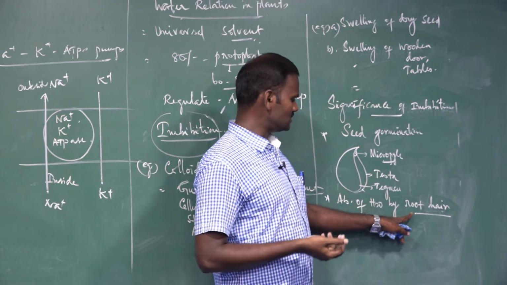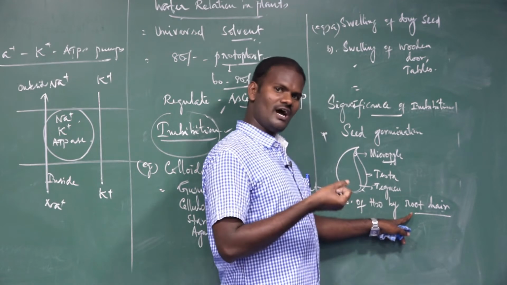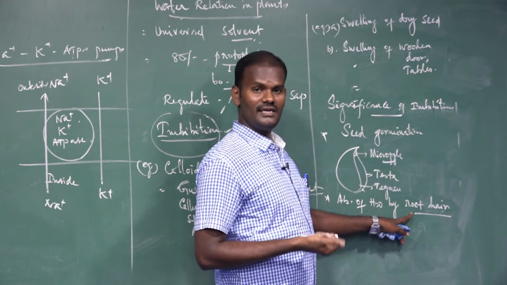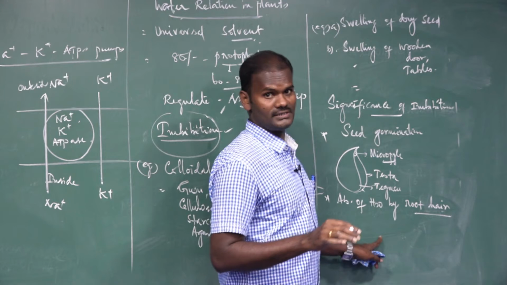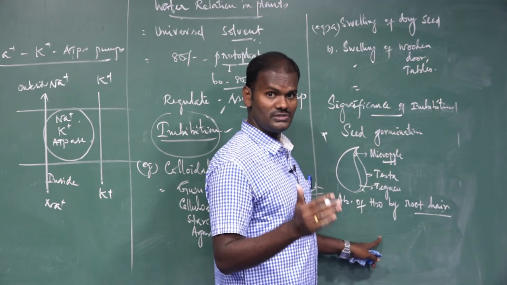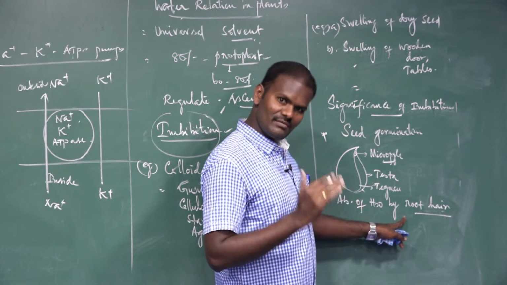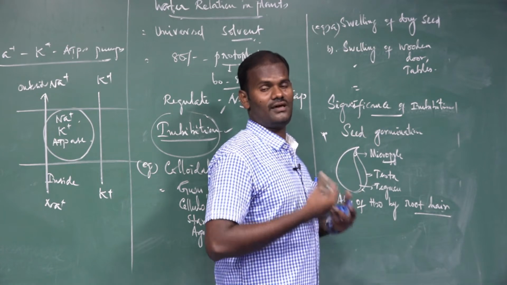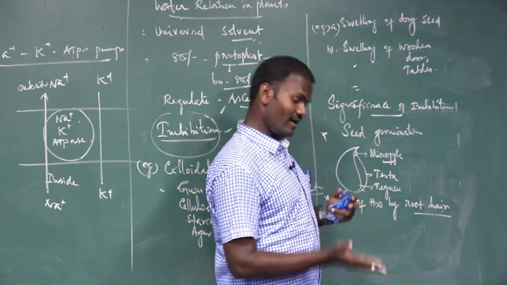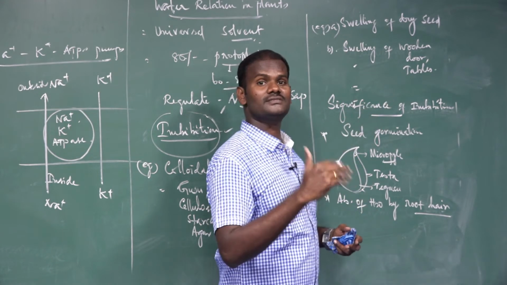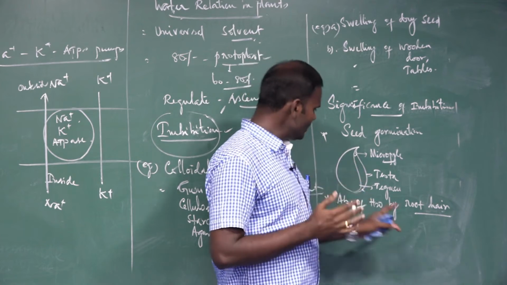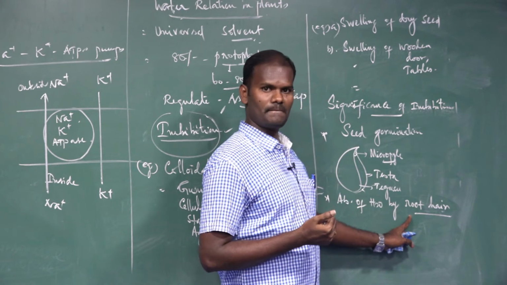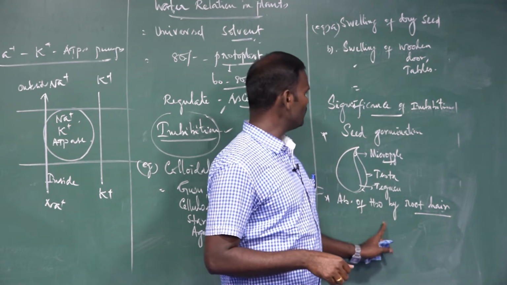So the root hairs absorb the water from the soil initially by imbibition. If the water enters the root cells, they create an osmotic potential or water potential, and further upward translocation happens by the process called osmosis. But initially the root absorbs water from the soil by imbibition.